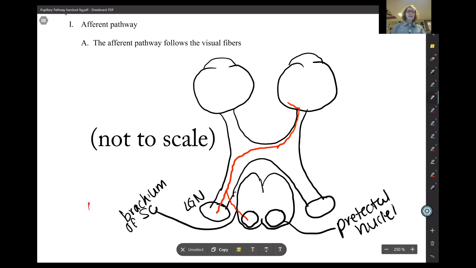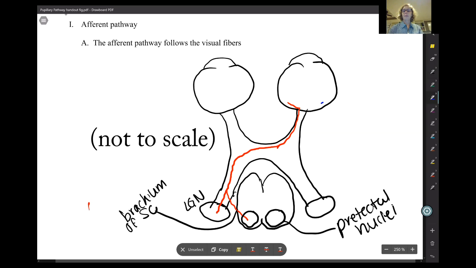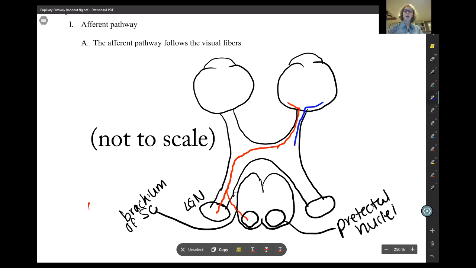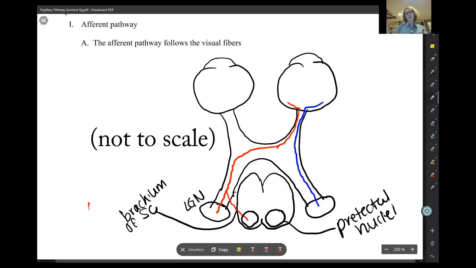Now notice that the same thing occurs with our temporal fibers. Those fibers are going to come from the temporal retina. They are also going to go through the optic nerve. They go through the chiasm, and our visual fibers again go all the way back to the lateral geniculate nucleus.